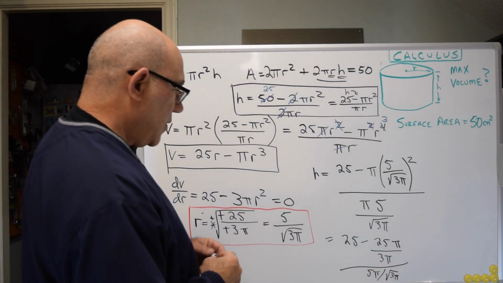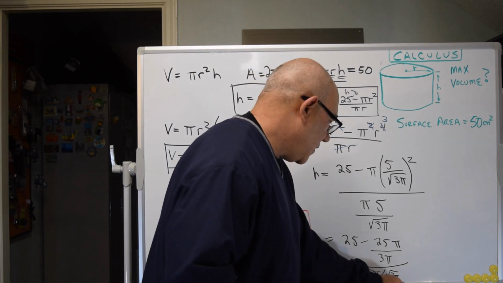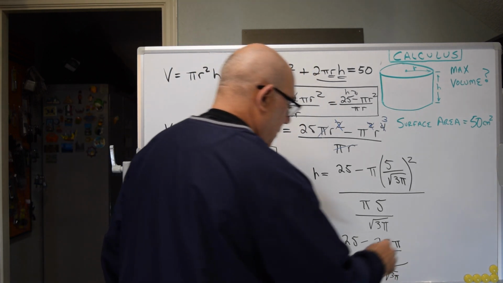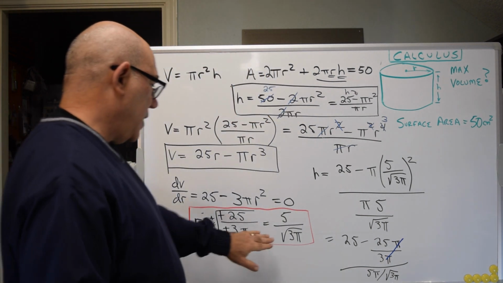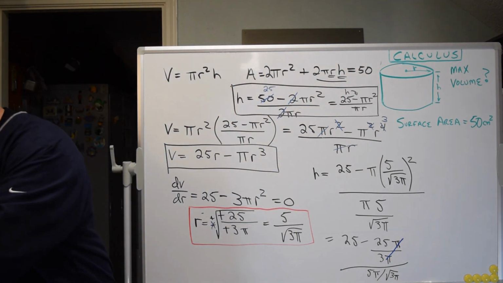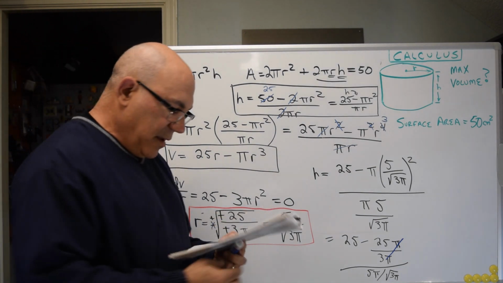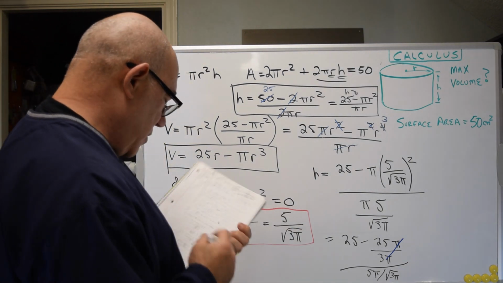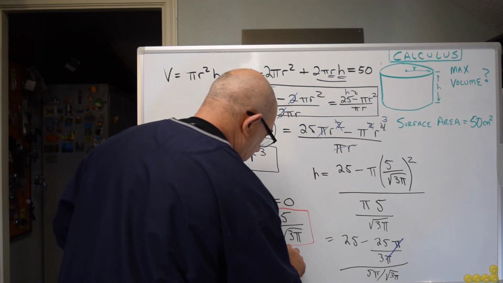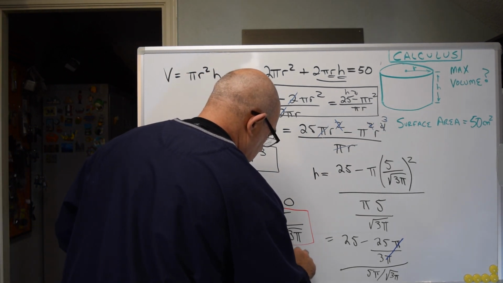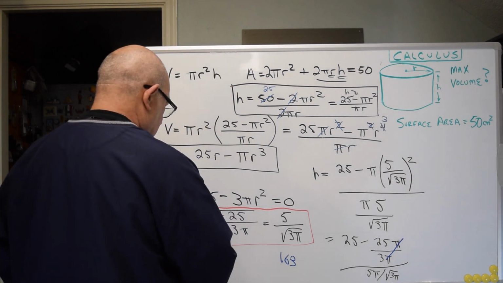Now we can cancel these pi's, and if you calculate this, 5 divided by the square root of 3 pi is 1.63. Now remember, that's the radius.